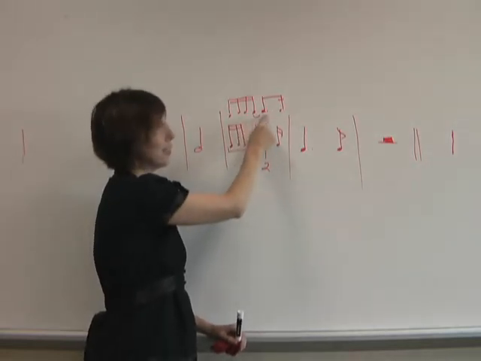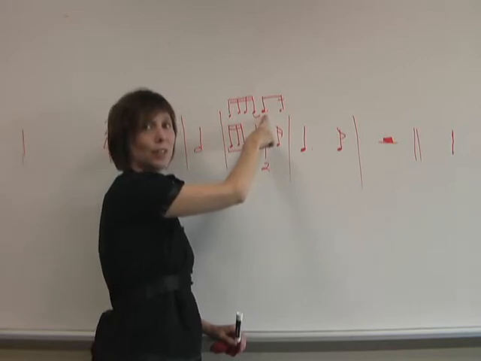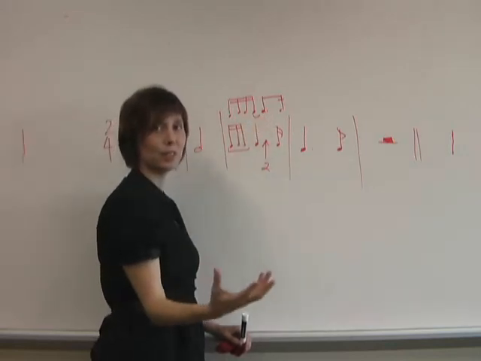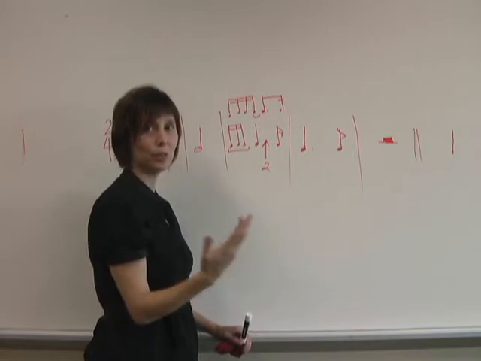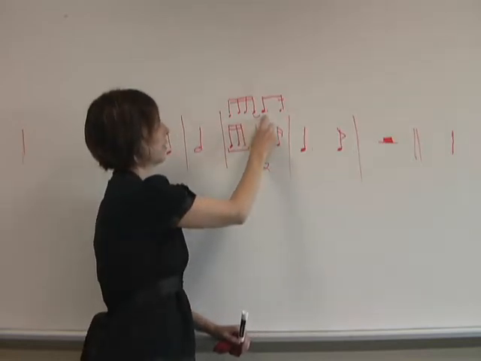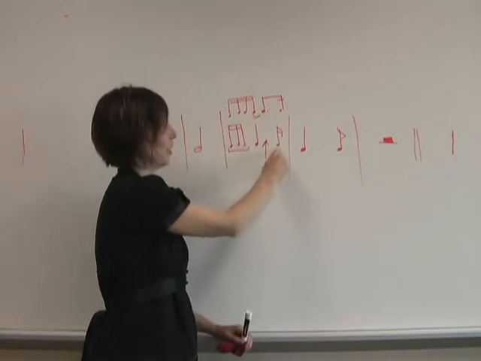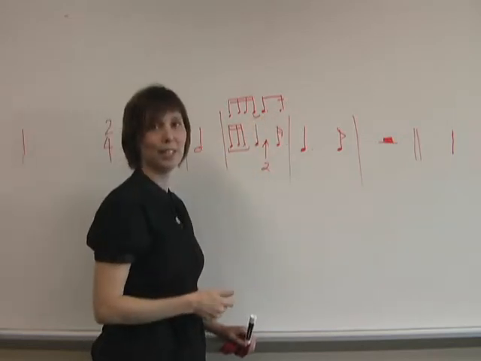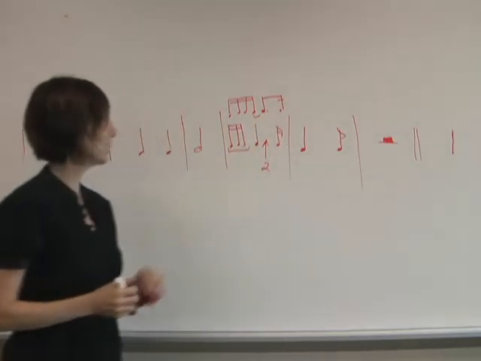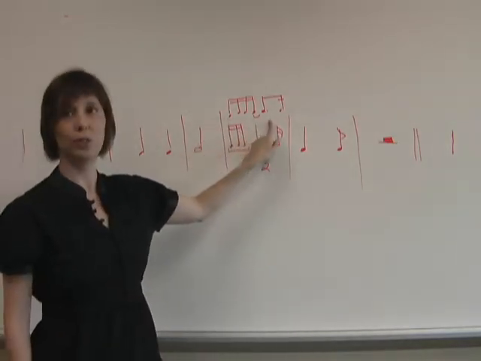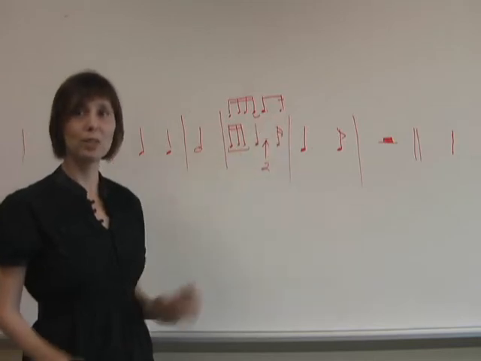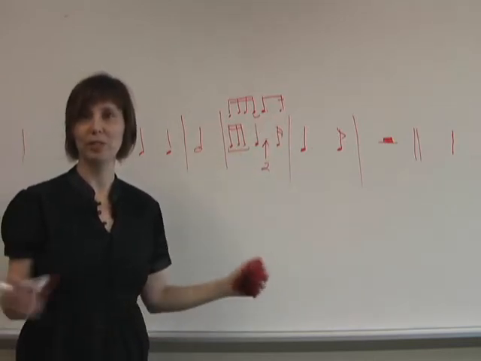So we tie the 16th note to something that's worth the rest of the 3 16th notes. If you think about it, a dotted 8th note is worth 3 16th notes. So we tie those two together, and then we have this last 16th note at the end. Now, when I sit down to play this, I can easily see 1, 2. We'll do a few more examples like this as we go.